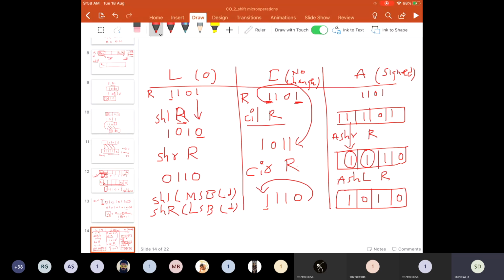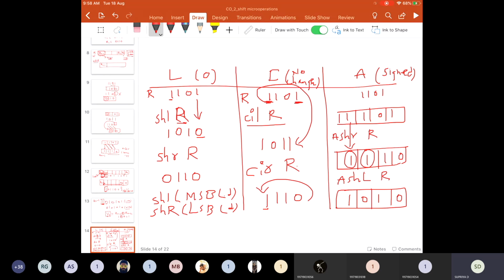If they have the same sign, then there will be no overflow, and arithmetic shift left will not cause any overflow. That means there will be no sign reversal.